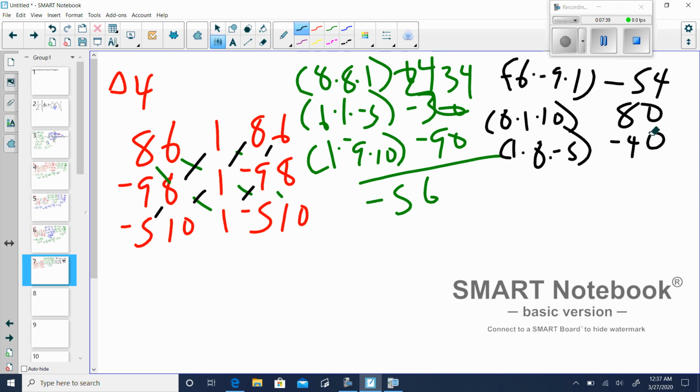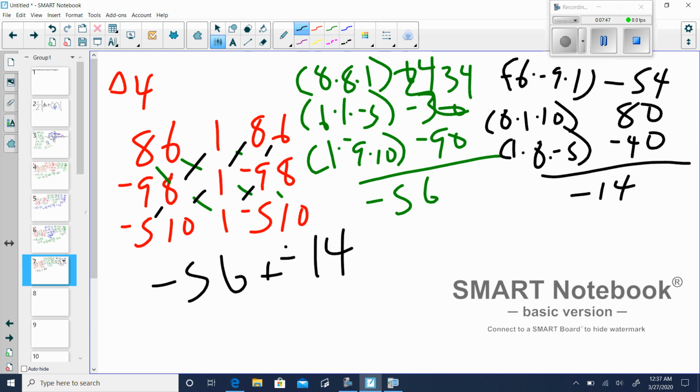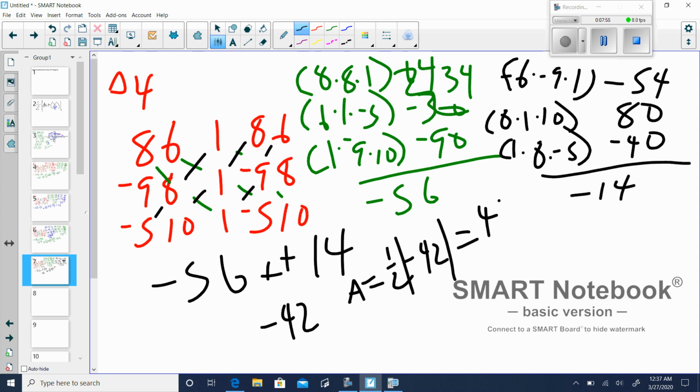So that's negative 40. So that is negative 94 and 80, that's negative 14. So negative 56 minus negative 14, so that's going to be negative 42. So A equals half of the absolute value of our determinant, which is half of 42, which is 21.